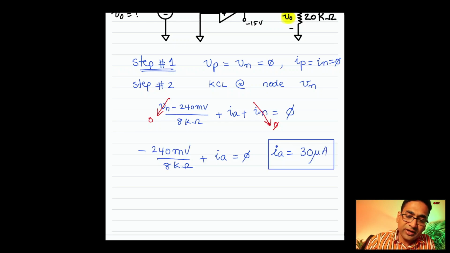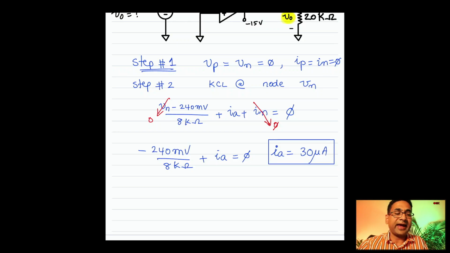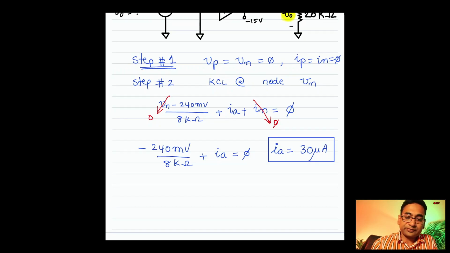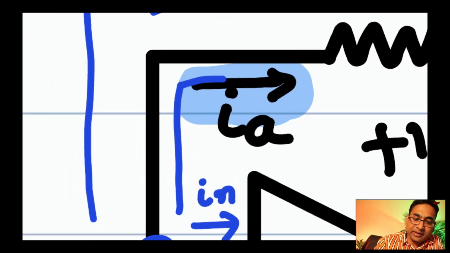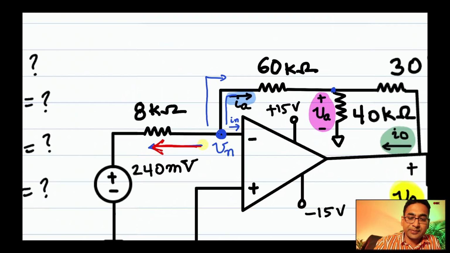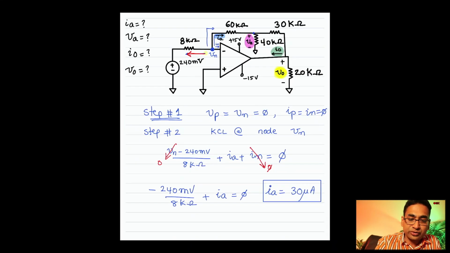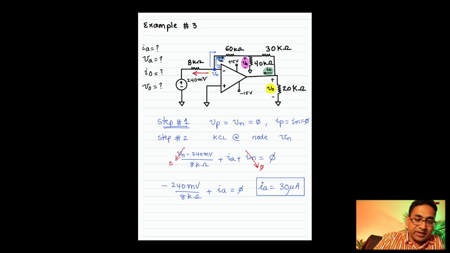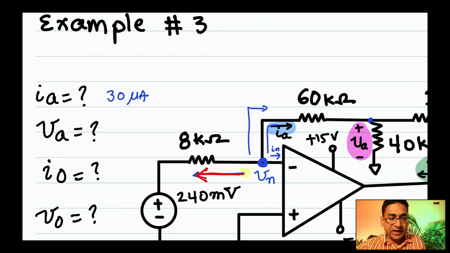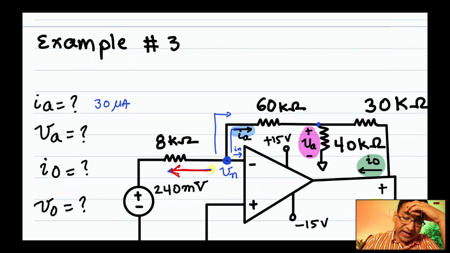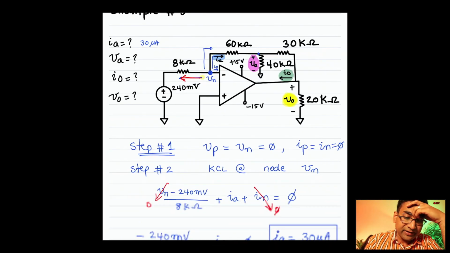That's one of the first results that we are supposed to solve. IA is 30 microamperes. So that's the current going in the feedback branch. We found that out, 30 microamperes.